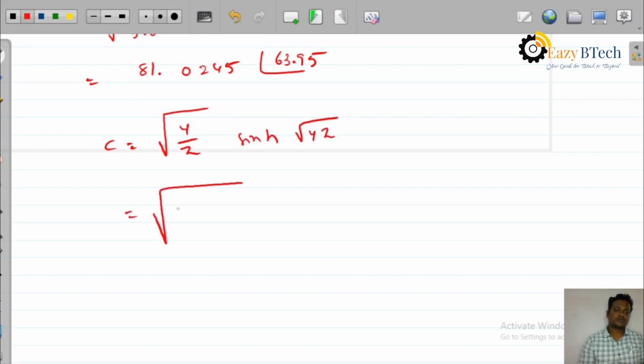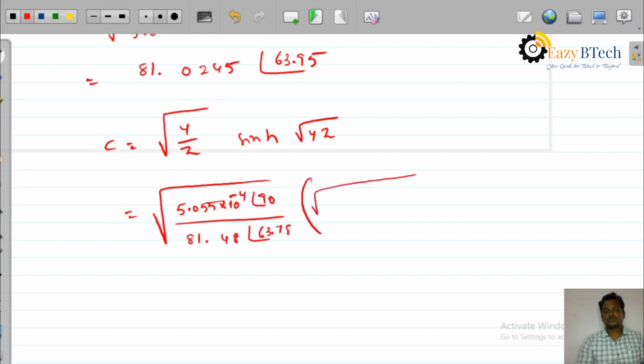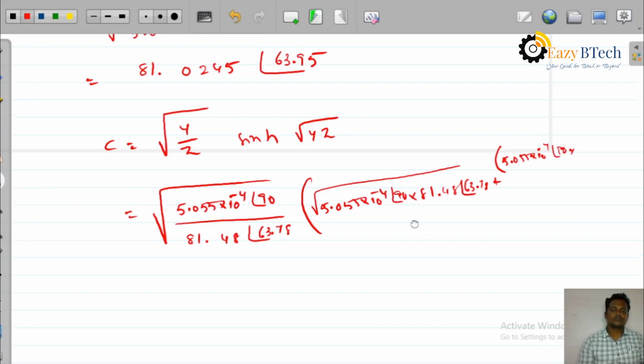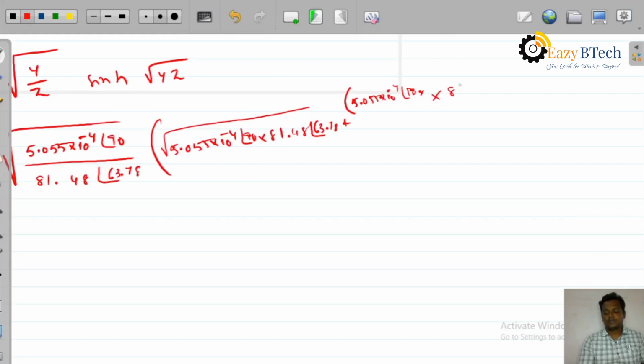Y equals 5.055 into 10 power minus 4 at an angle 90, divided by Z equals 81.48 at an angle 63.78, into root of 5.055 into 10 power minus 4 at an angle 90 into 81.48 at an angle 63.78, plus 5.055 into 10 power minus 4 at an angle 90 into 81.48 at an angle 63.78, power 3 by 2, whole power divided by 6.